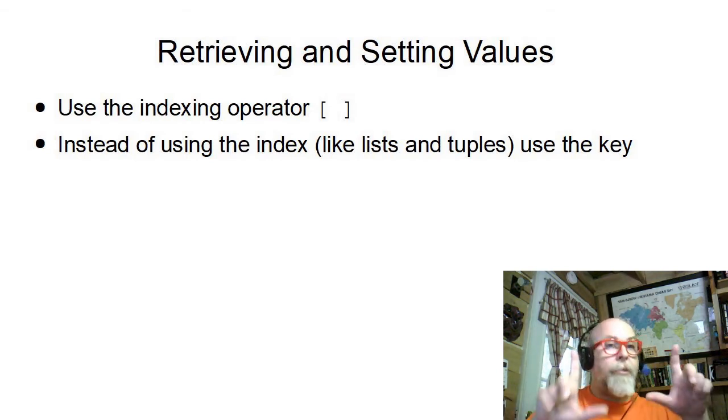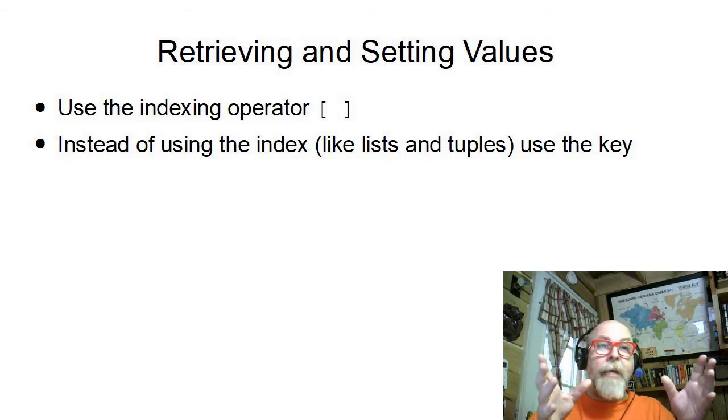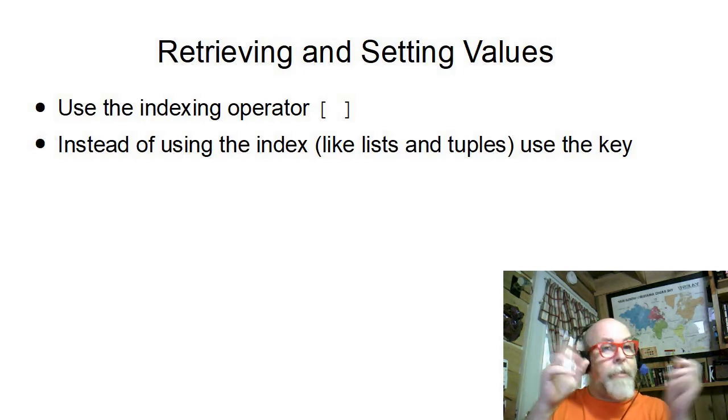So using the square bracket notation, you can get the value if you know the key. You can change the value by assigning it if you know the key, or if you assign a key that doesn't exist, it'll automatically create the key and add it to the dictionary. So you don't have to create it first. You can just assign the key a value and it'll add it to the dictionary.